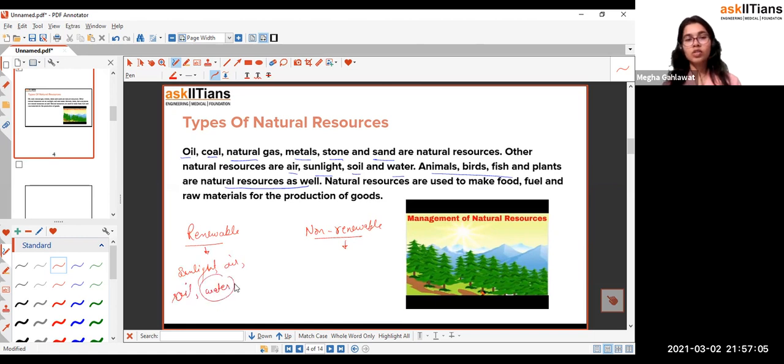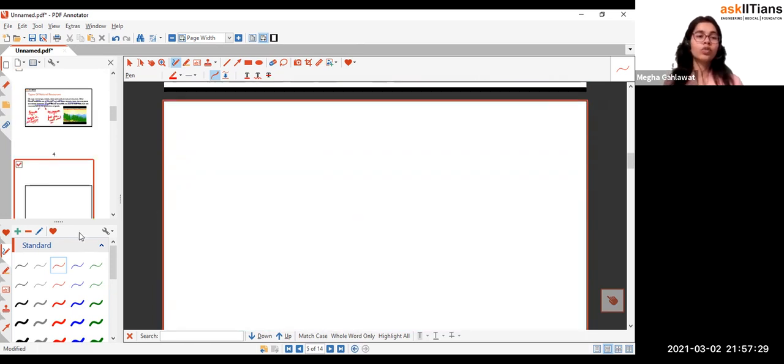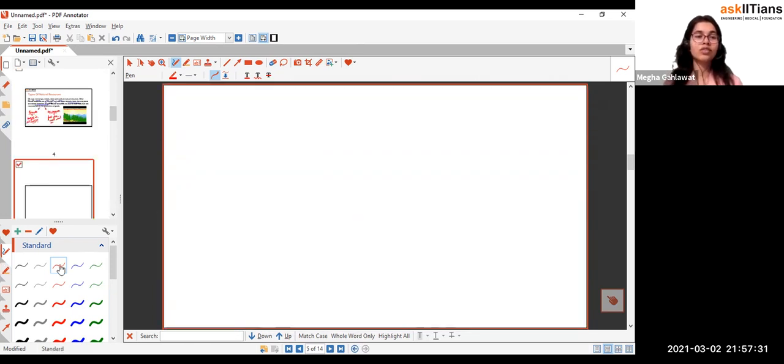Water not so much, so we're going to put it aside. Non-renewable are the fossil fuels, metals, minerals, etc. Now, that being said, we basically have a well categorized group.